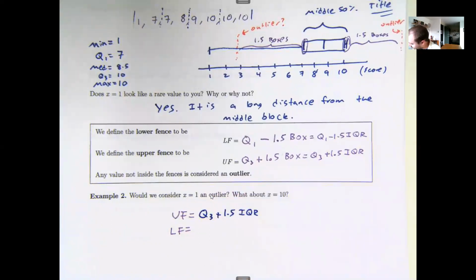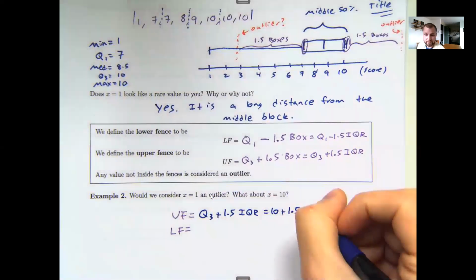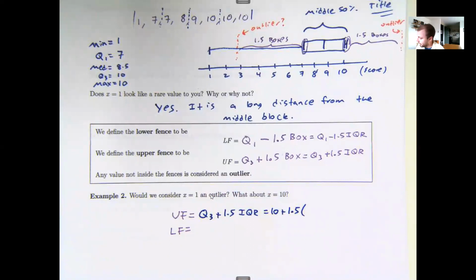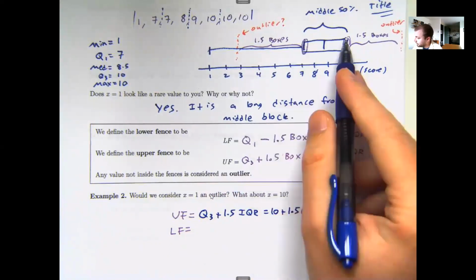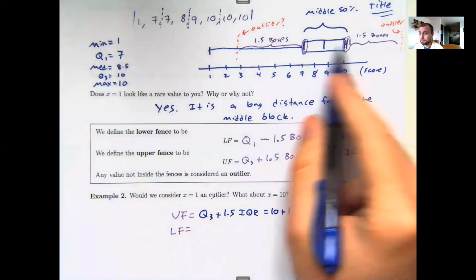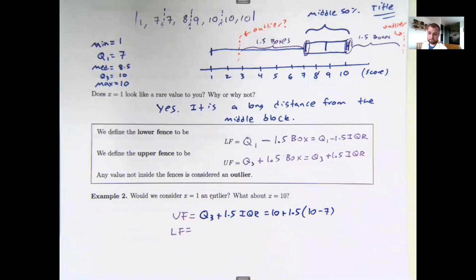Q3 was 10, so I'm going from 10 up 1.5. My IQR is the size of this block up here, from 10 to 7. That's the width there of 3. So from 10 to 7.